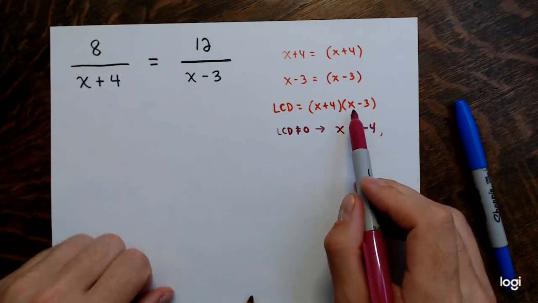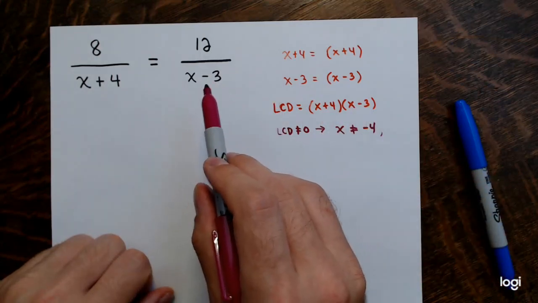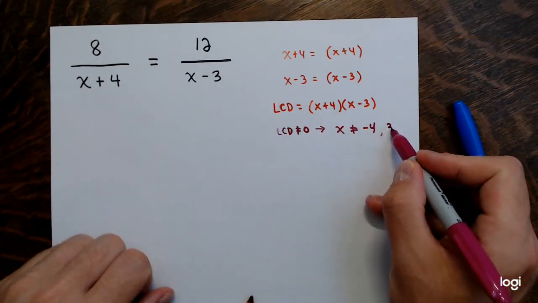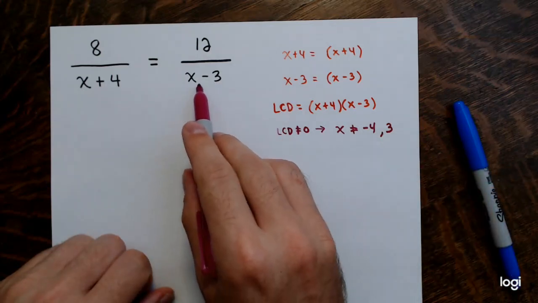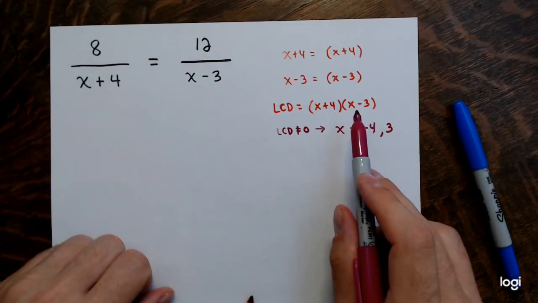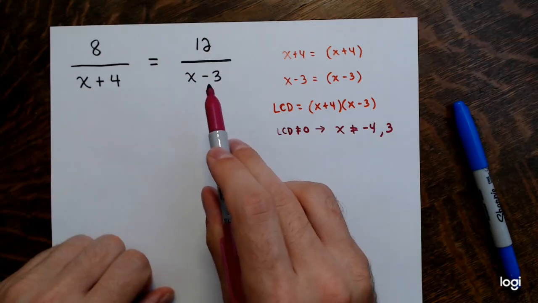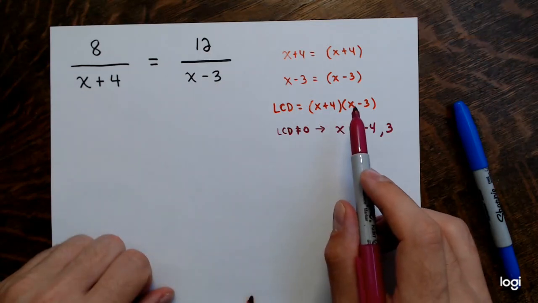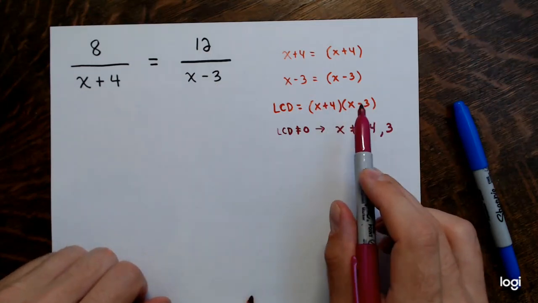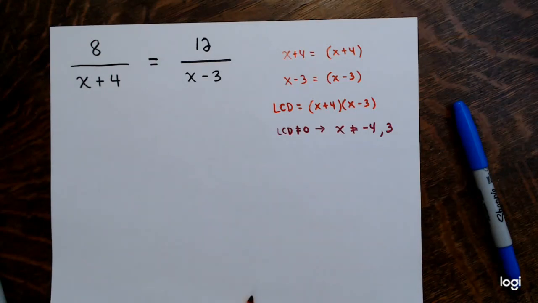I also got this factor of x minus 3 showing up in denominators. It can't be 3 either, right? Because that denominator would be 3 minus 3, which is 0. The whole thing would be 0, and then I'd be multiplying by 0 on both sides of an equation, which is again very bad.